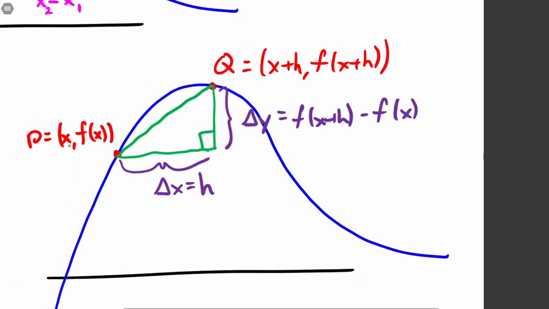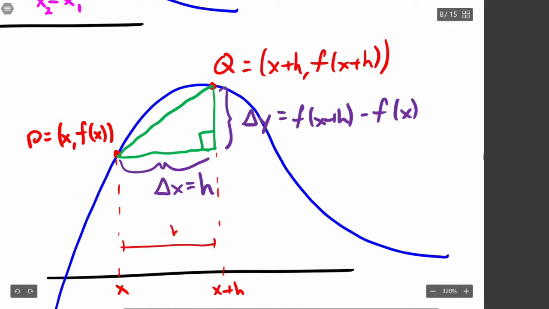So here we have x comma f of x is this point. x plus h comma f of x plus h is over here. So what we're saying is, here's our starting place x. Over here we stepped forward by the amount h. So there's a distance h between them. It's the exact same picture, exact same setup. We're just using an alternate notation here.